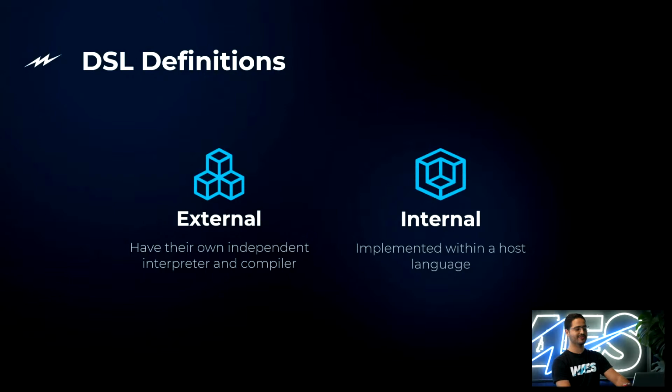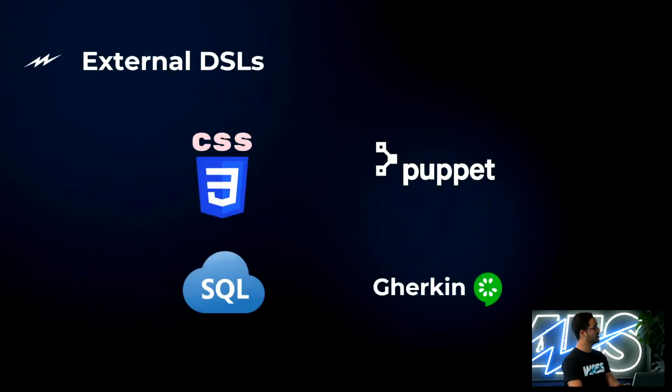For internal DSLs, you need a host language because you build a mini language inside the whole application context. So if I want to build an internal DSL, I need to build it within a Java, a Kotlin, or a Python project. These are the examples.